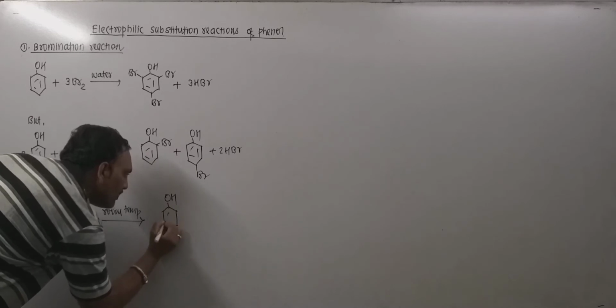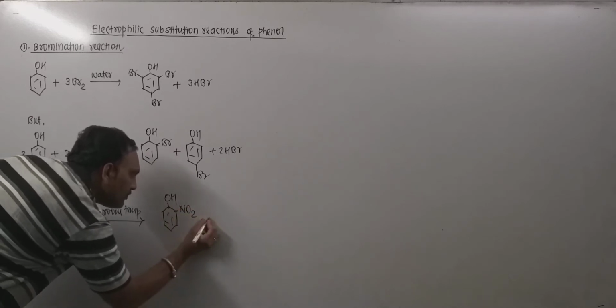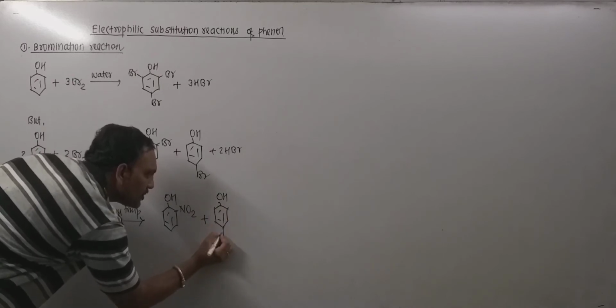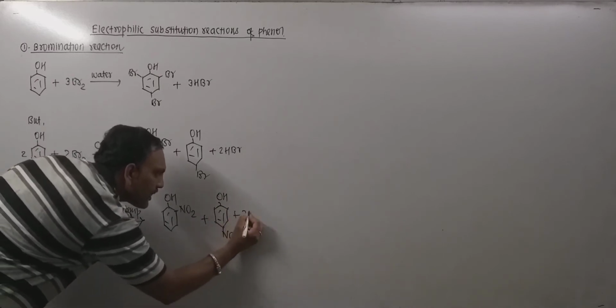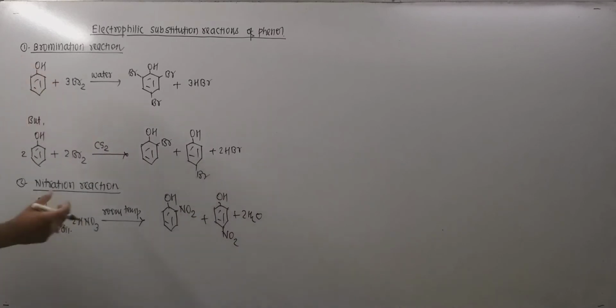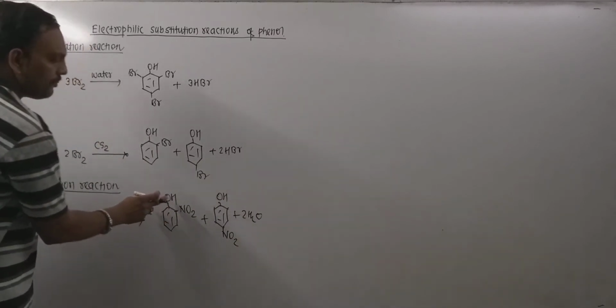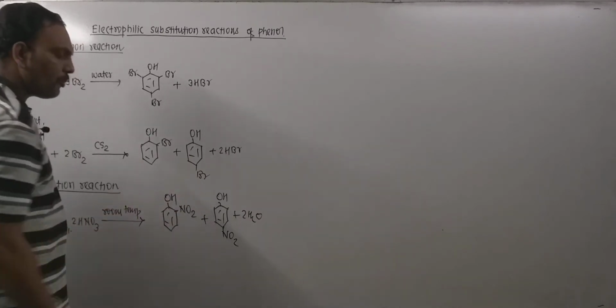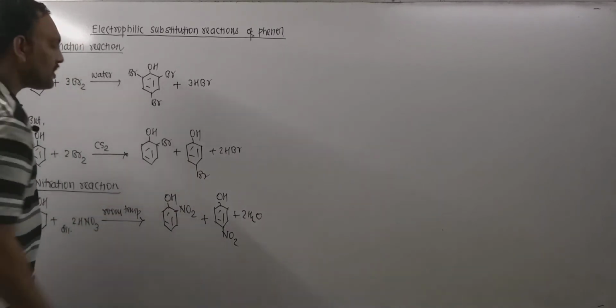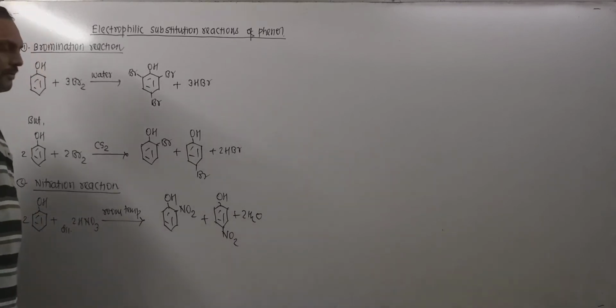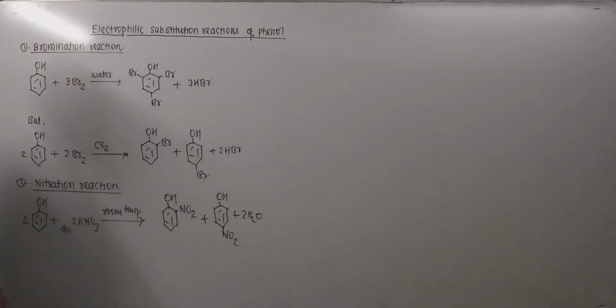Orthonitrophenol and paranitrophenol are obtained with the departure of water. Now right here, there is intramolecular hydrogen bonding between the OH group and the NO2 group at the ortho position. Thus orthonitrophenol is the major product right here, whereas paranitrophenol is the minor one.